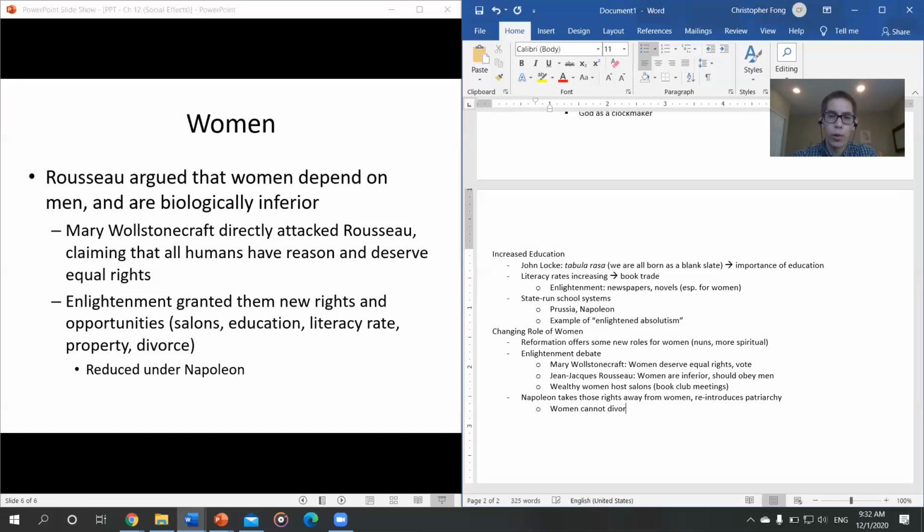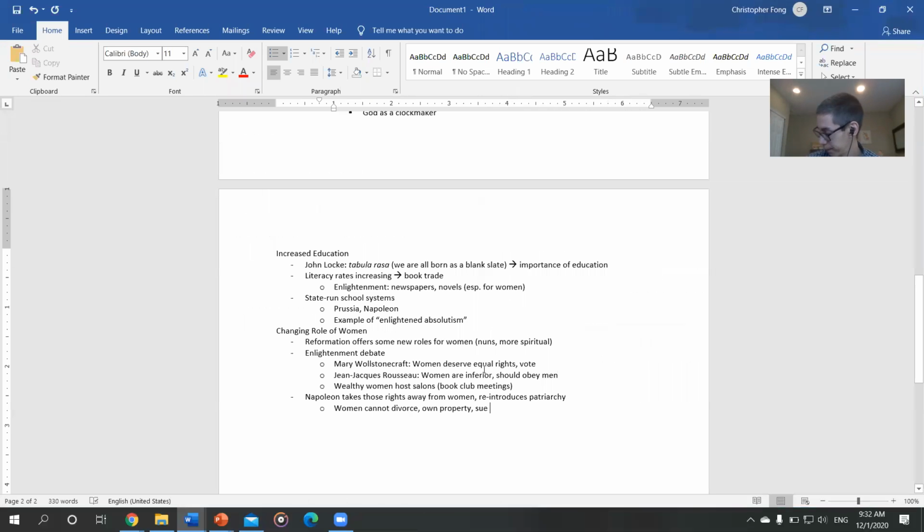So women cannot divorce. Women cannot own property. Women cannot go to court and sue without the male's permission. And so, like a lot of times in history with the change in role of women, it is, I don't know, two steps forward, one step back, or maybe it's even one step forward, one step back, and they end up right where they started.